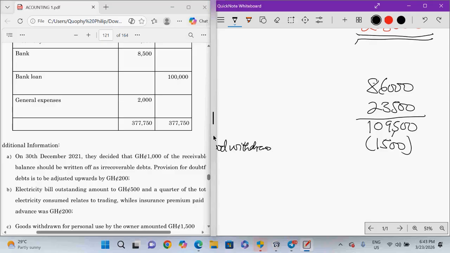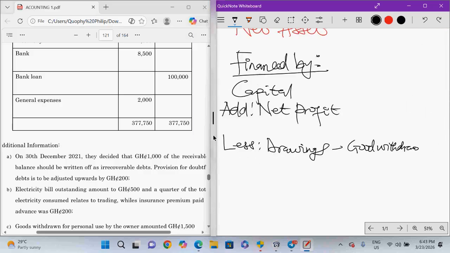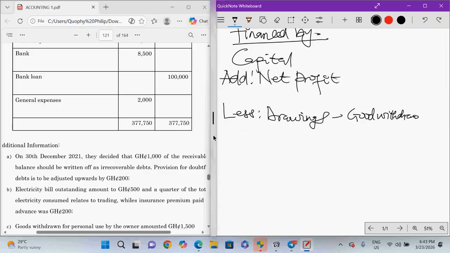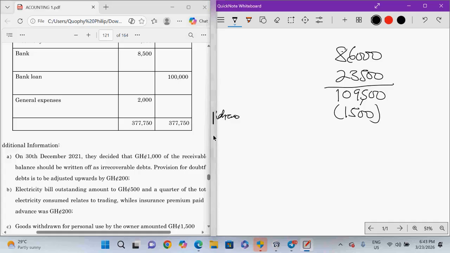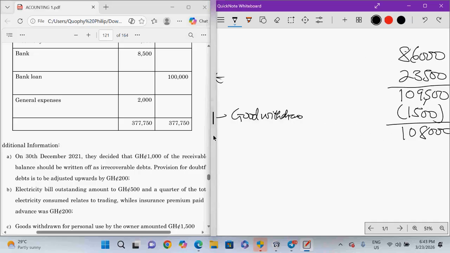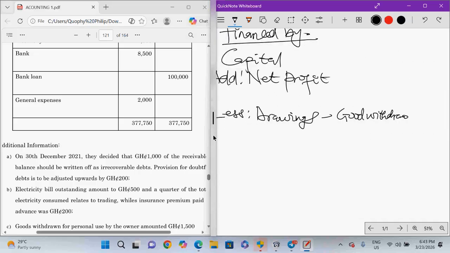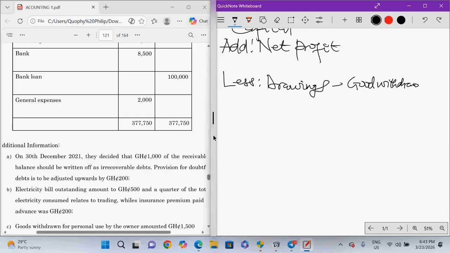And then when you subtract, you get 108,000. What else? Long-term loan. Yes, 100,000.